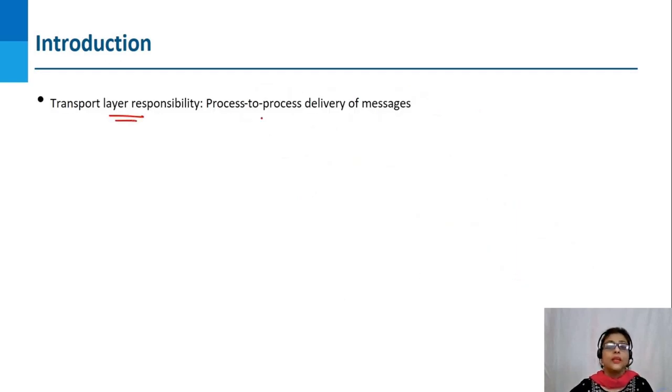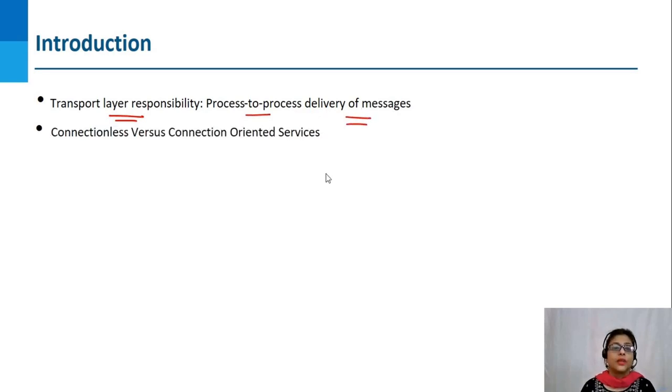Now, what are the responsibilities of transport layer? Transport layer mainly is responsible for process-to-process delivery of messages, as we have already learned. Then it is also responsible for connectionless service and connection-oriented service. Connectionless service means there is no setup path.